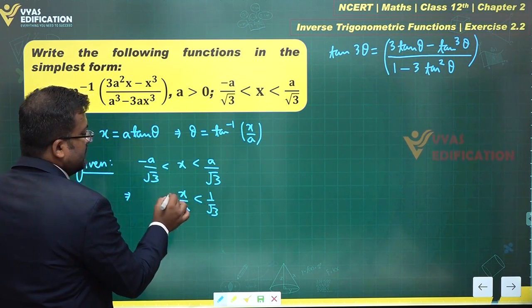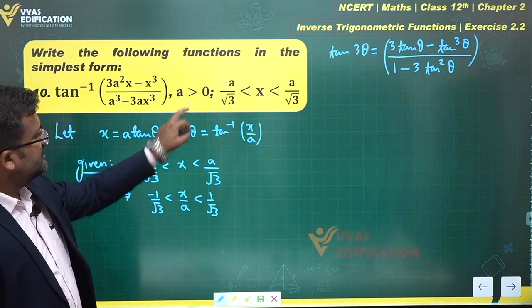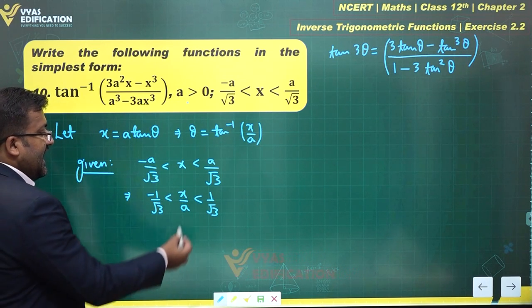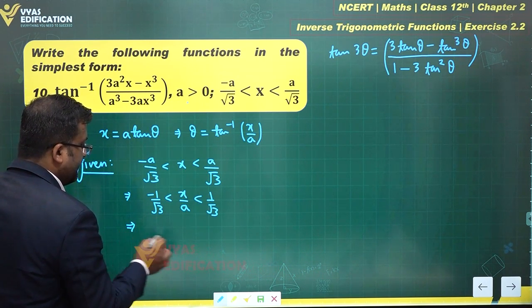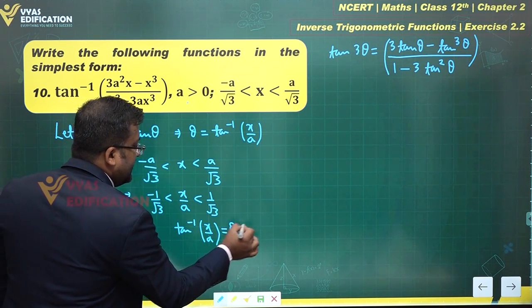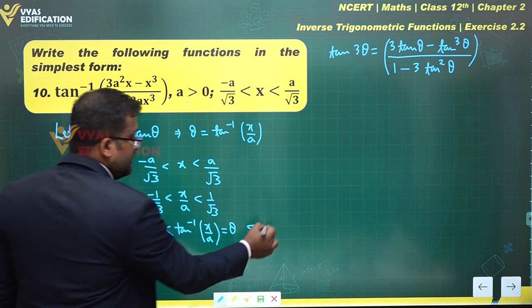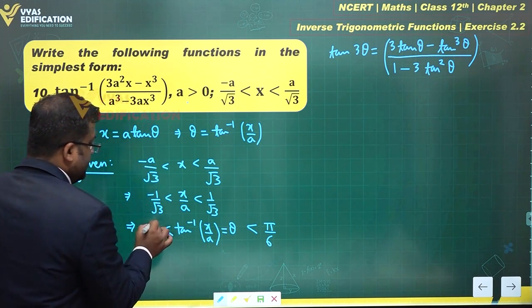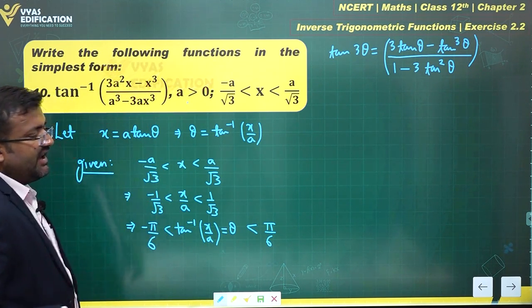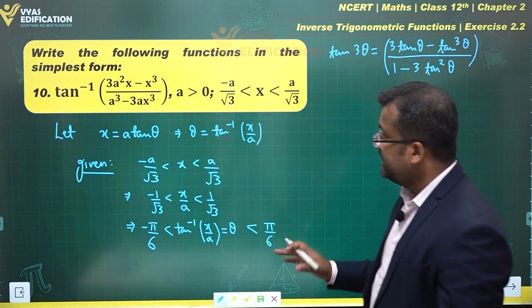A is positive, so the sign of inequality will not be affected. X upon a. Now take the tan inverse. X upon a, which is actually theta, is less than tan inverse of 1 by root 3, which is pi by 6, and this is minus pi by 6, right? Those are the values of theta, yes.